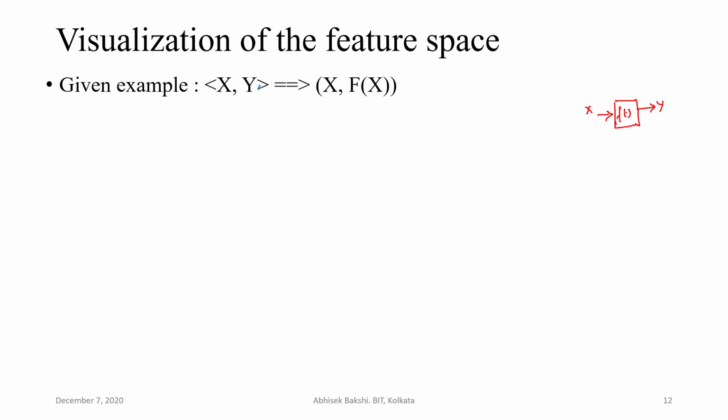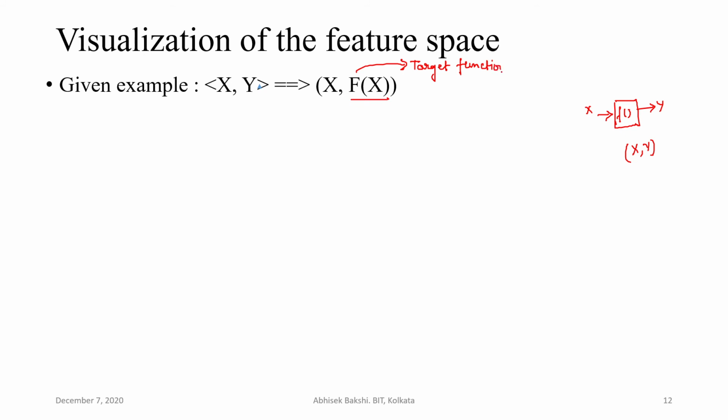So the data set xy that we have, y is what? Some output from this function due to the input x. That is why it is given as f(x). So f is given as the target function.